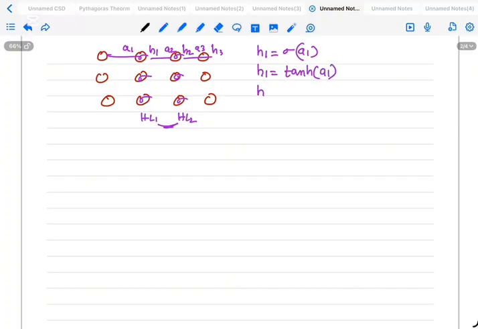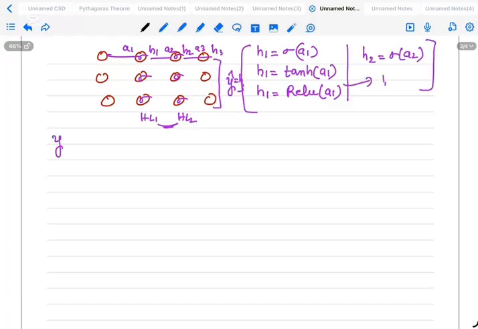If they use ReLU functions, H1 equals ReLU of A1. In the same way, H2 equals sigmoid of A2. The output Y, sometimes represented as Y or Y hat.